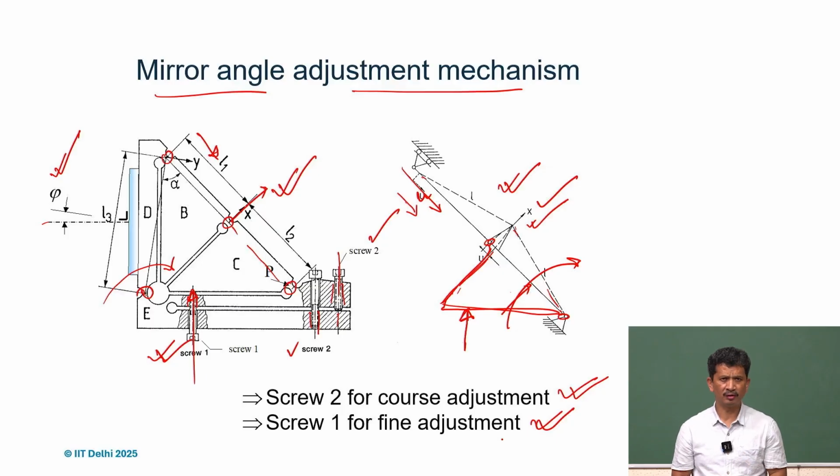Then it has to be a high dynamic application, and we may need to measure the ground vibrations or the vibrations on the vehicle where it's placed, and then accordingly we can adjust and get very precise motions or targeting in this case. So, very good use of flexures again.